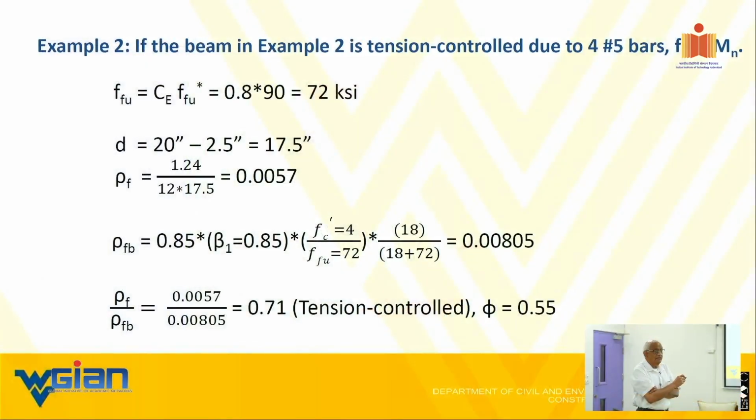If it is a tension control, all I have done was I took the same cross section and I reduced number 8 bar down to number 5 bar, so that the thought process would be streamlined, focused on area of steel rather than something else.